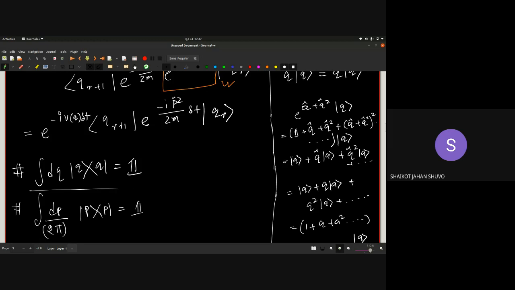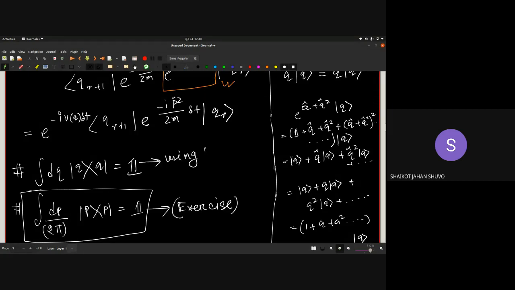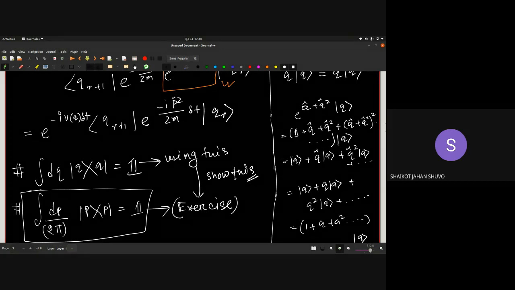Okay, we're going to use the second relation, and this is an exercise: using this, show this. It's pretty easy. You just have to go from position to momentum basis. And how do you do that? Fourier transformations.